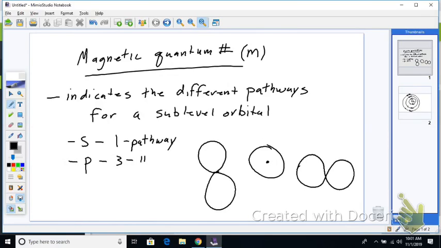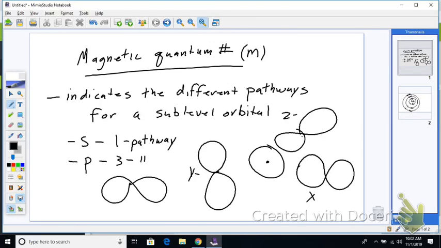And then you'd show a diagonal one. So this would be along the y-axis, this along the x-axis, and this along the z-axis. And then when you put them all together, that's where you kind of get that look here, here, and here. Okay, which isn't a very good drawing. That's okay. All right? And then, guys, they just keep on adding more and more pathways that you can have.